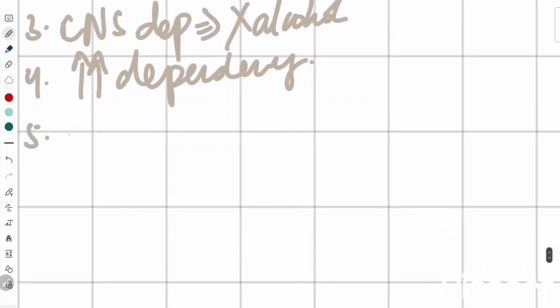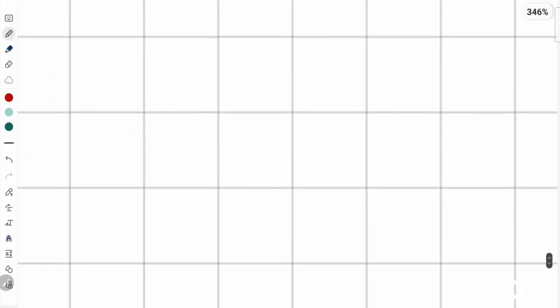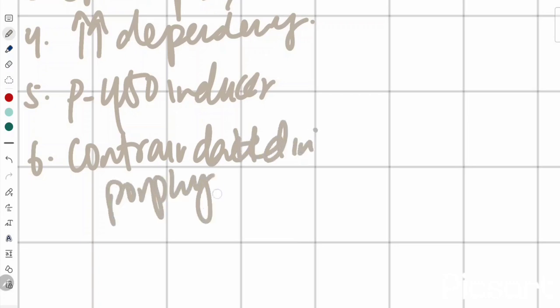And it is, my dear, a P450 inducer. So you need to beware when you are giving it to anyone. So this is basically contraindicated in porphyrias as well.